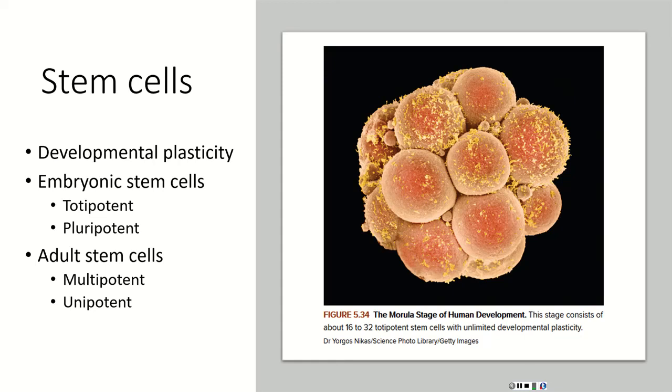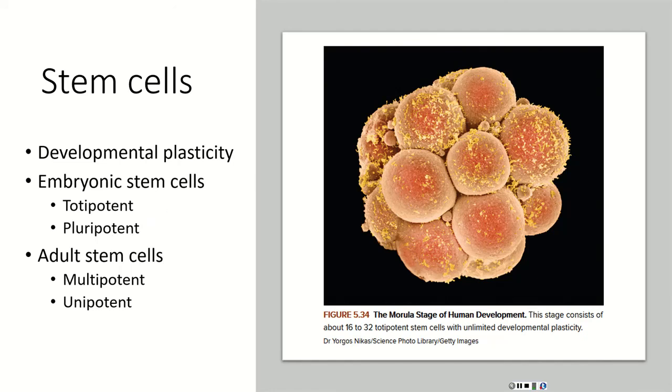Totipotent means that these cells could become any cell type, any tissue type, any type of cell or tissue in your body. As they have a little bit more differentiation, and eventually get to that 3-layer structure, then we say that the cells are pluripotent.